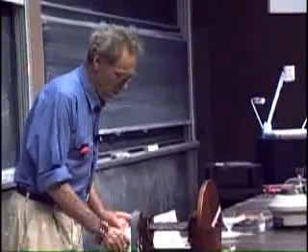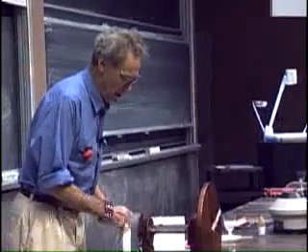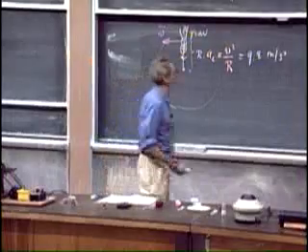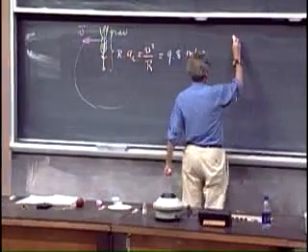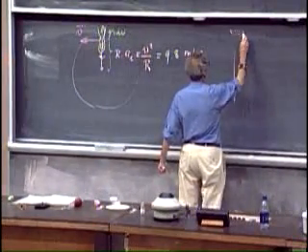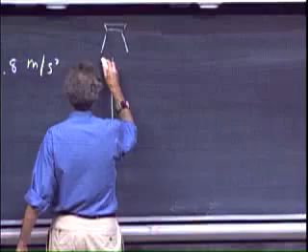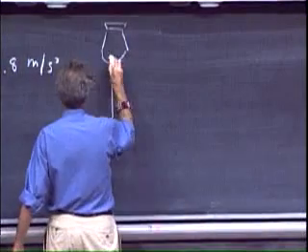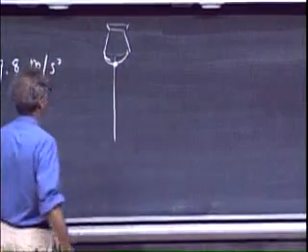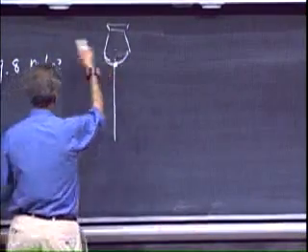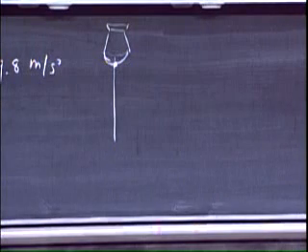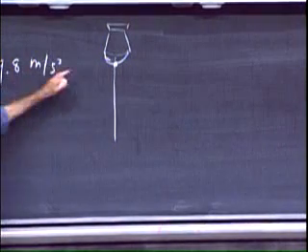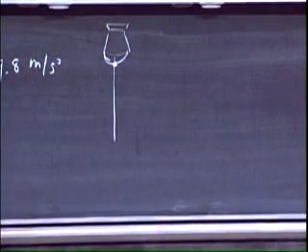It is so real that if I took a bucket of water instead of you, and here is the bucket of water, I attached to the bucket a rope, I swing it around, and I swing it around such that the centripetal acceleration is substantially larger than 9.8.